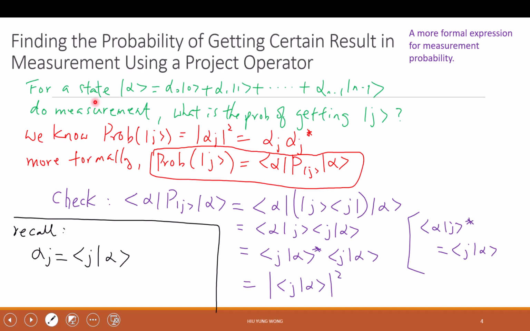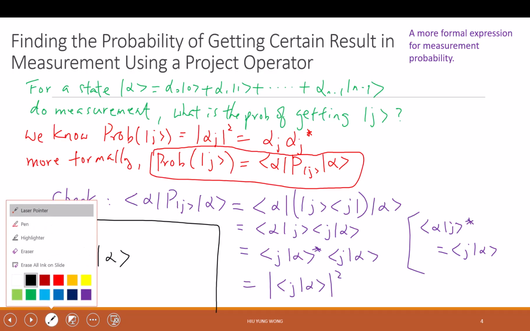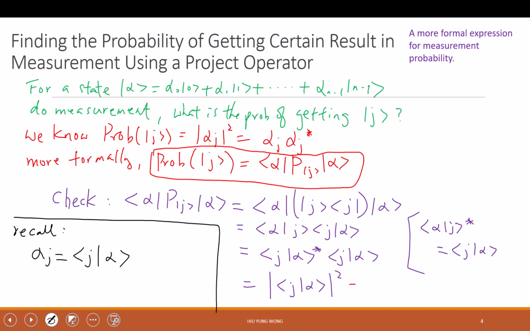What I'm trying to say is your alpha is a linear combination of so many basis states, right? I want to find alpha J. I just do an inner product of J with the whole alpha. Then I will get alpha J. That's what we proved last time. So basically, this one gives me alpha J squared.